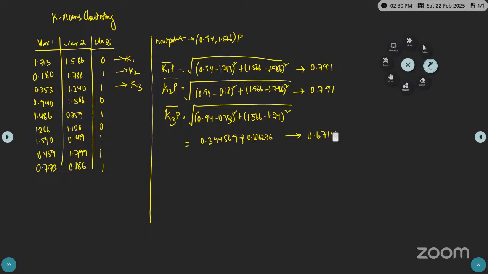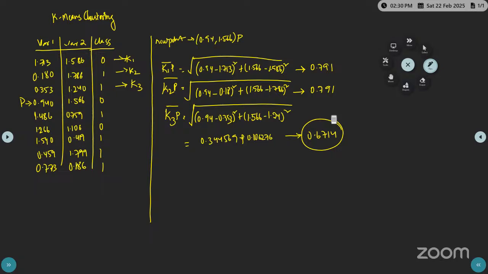So out of these three values, here you can see we have calculated the distance between this new point, which is P, which is this fourth value, and all the three centroids. So out of which you can see that this is the least one, right?